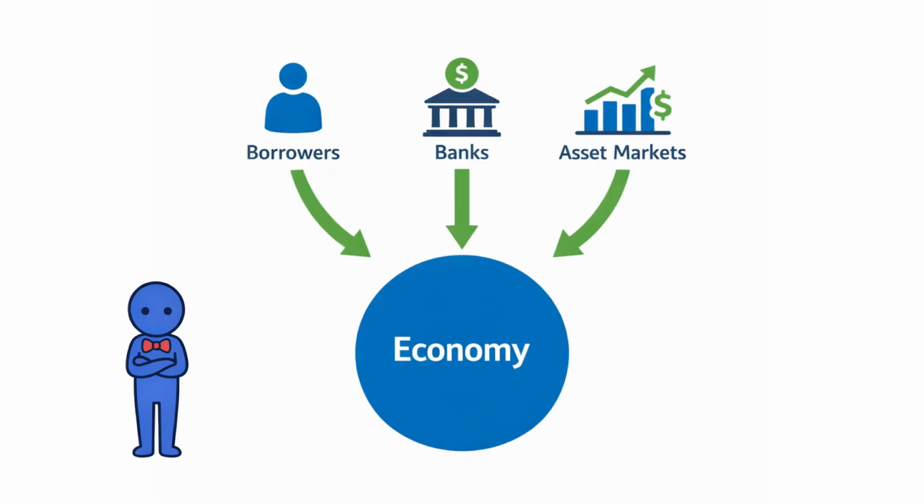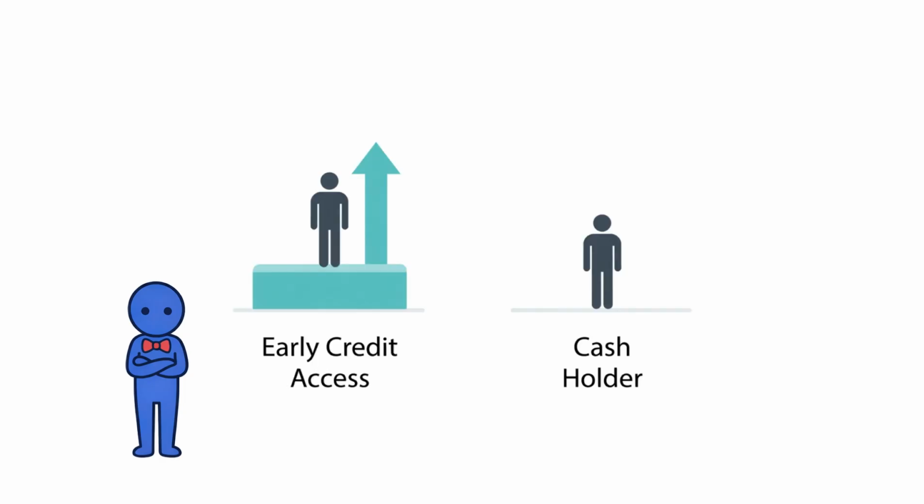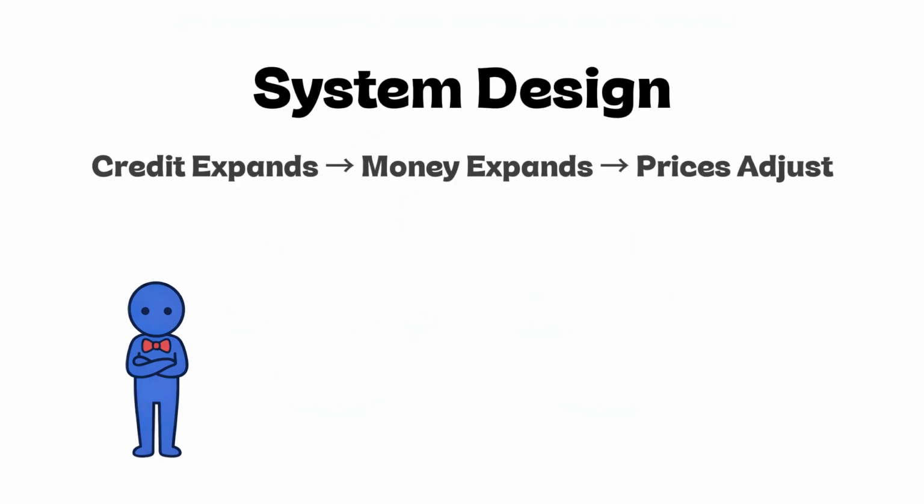The new money enters the economy at specific points, through borrowers, through banks, through asset markets. By the time it diffuses broadly, prices have already adjusted. The people who access new credit earliest are positioned differently from those who hold cash and wait. That asymmetry is not a bug. It is an emergent property of a system built on credit expansion.